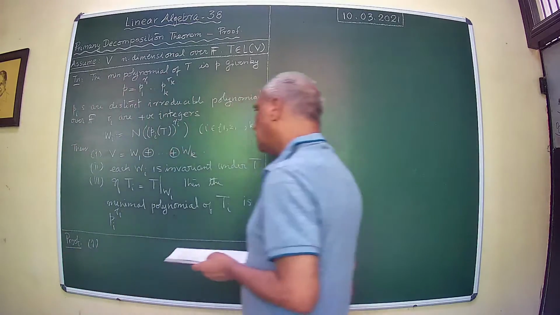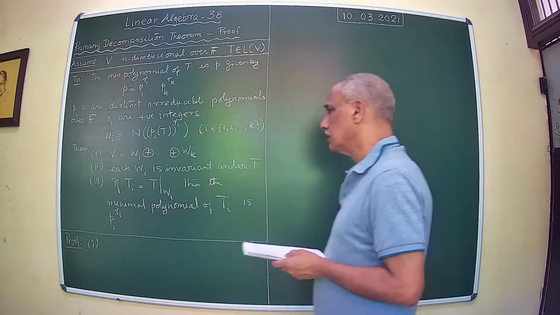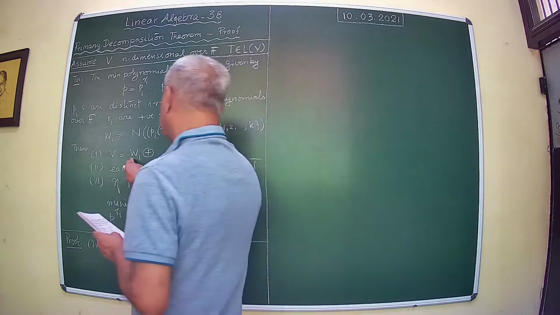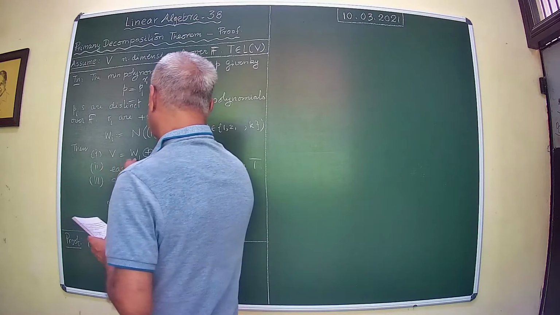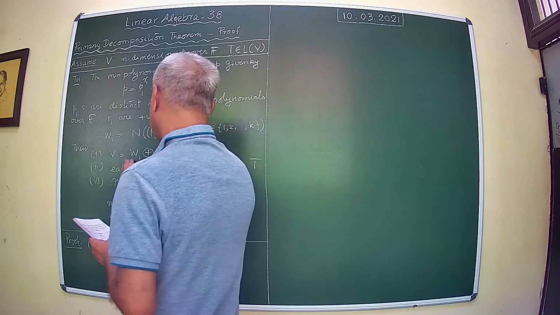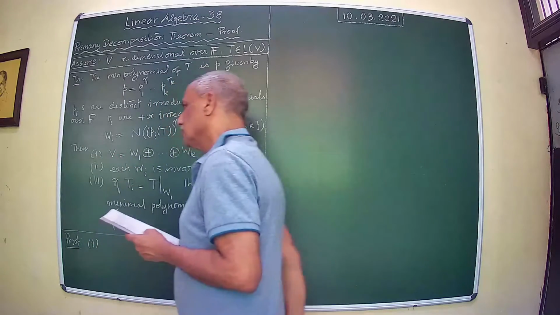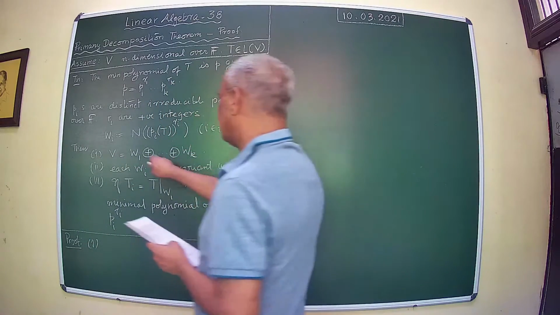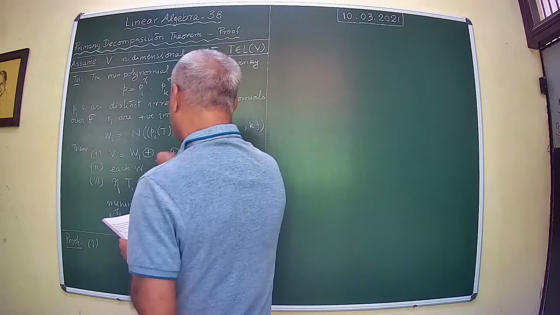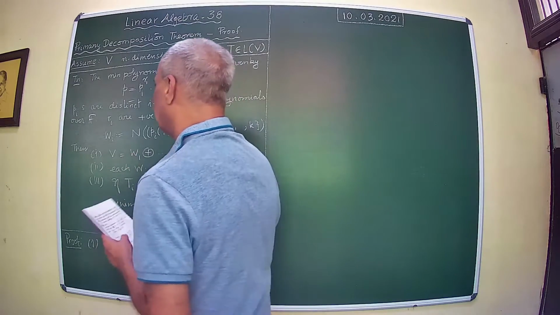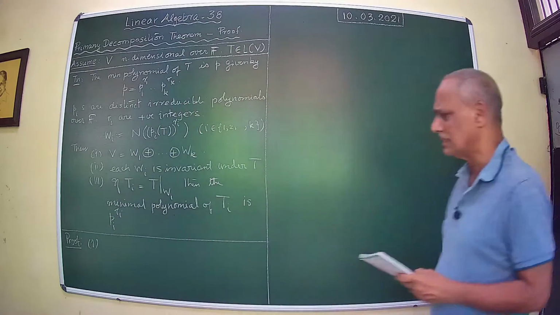Now what we want to do is to obtain projection operators. This essentially allows us to have projections Ei on Wi. So Ei becomes the identity operator on Wi and elsewhere it is going to be 0. That is how it is defined.